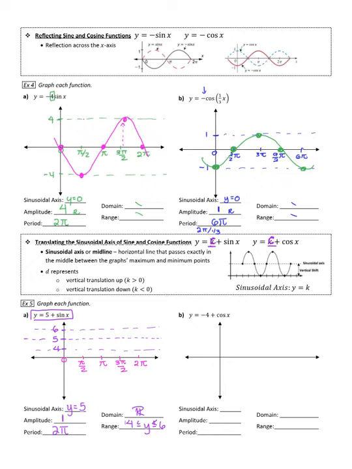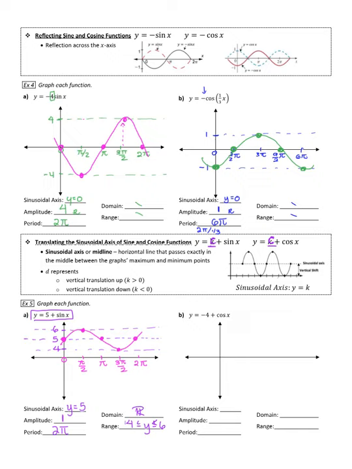All right, so this is a sine graph. Sine starts on the sinusoidal, which is right here, and then it goes high, sinusoidal, low, sinusoidal. So it's basically the same graph. It just got translated up 5 units. Okay? And then we have cosine.